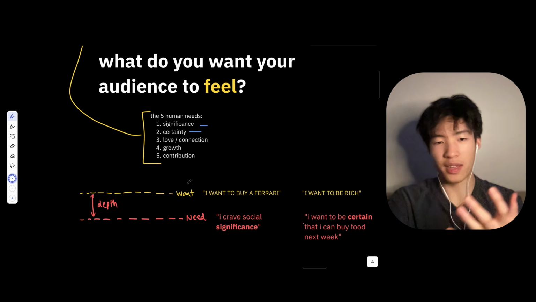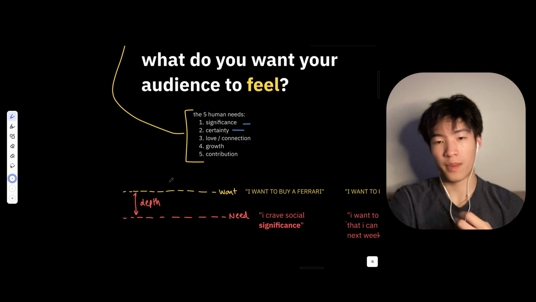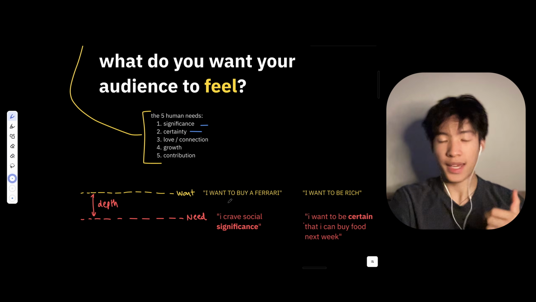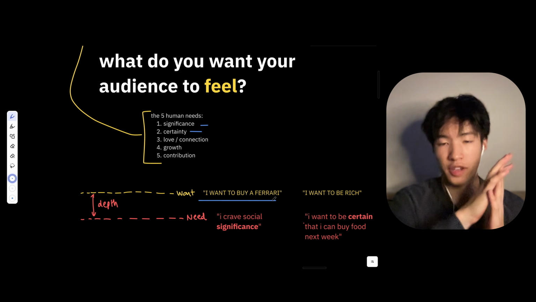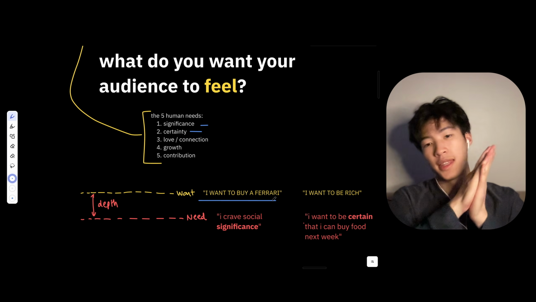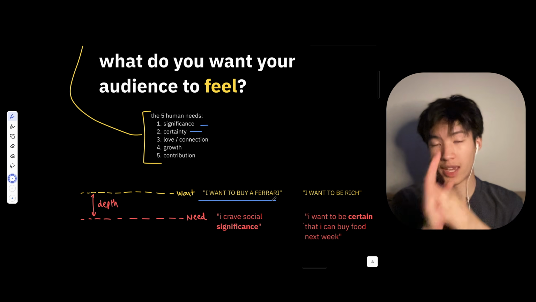And you have to think that every person has two main goals, right? They have a want and they have a need. A want is they want to buy a Ferrari, for example. And that's like the very surface level. But then the need is they crave social significance. Like I said, it's to do with their ego.